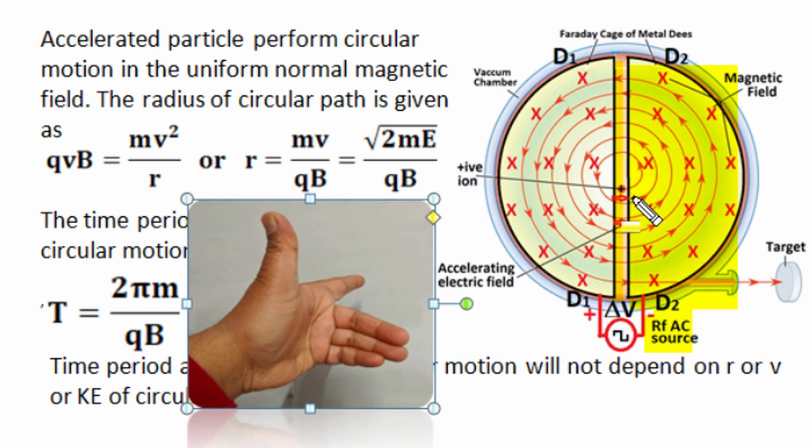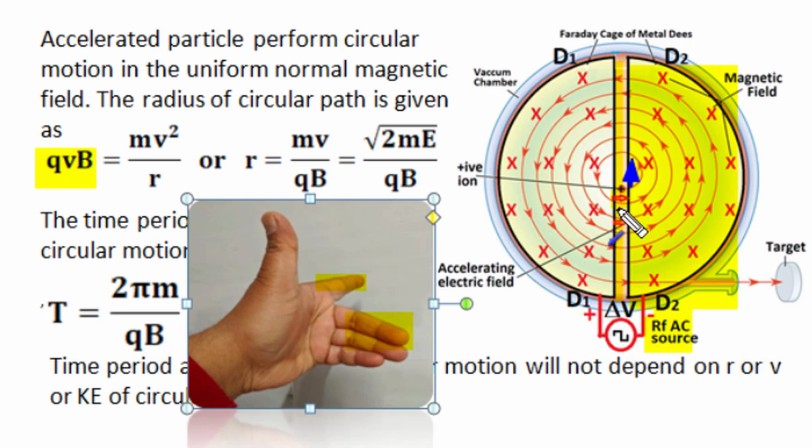So this accelerated particle in the normal magnetic field experiences a magnetic force qvB, and the direction of the magnetic force is given by Fleming's left hand rule. For that, the thumb, forefinger and middle finger of the left hand are stretched mutually perpendicular, and the forefinger is directed in the direction of the magnetic field normal to the D plane inward as shown by the cross, and the middle finger indicates the direction of positive charge motion, then the thumb indicates the inward force on this charged particle.